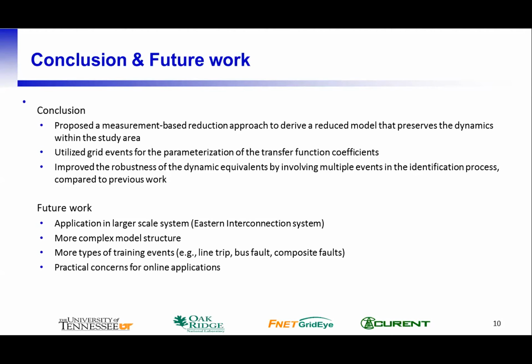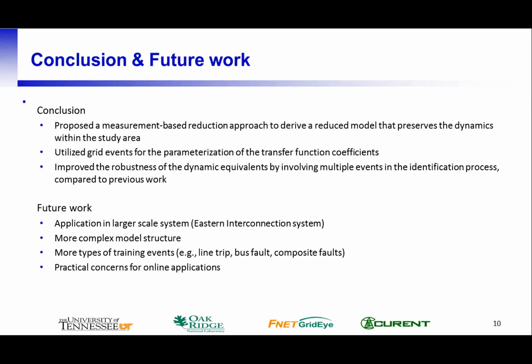For future work, we consider the application to a much larger scale system, for example, the interconnected power system. We would also like to try more complex model structures, like a higher order of transfer function, or include more inputs in the transfer function structure. We would also like to try different types of training events, like line trips and bus faults, even composite faults, for the identification of dynamic equivalence.